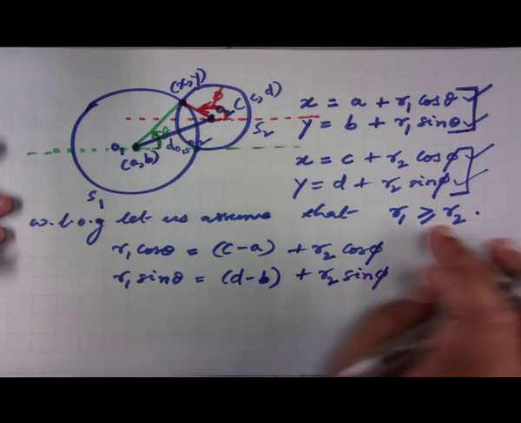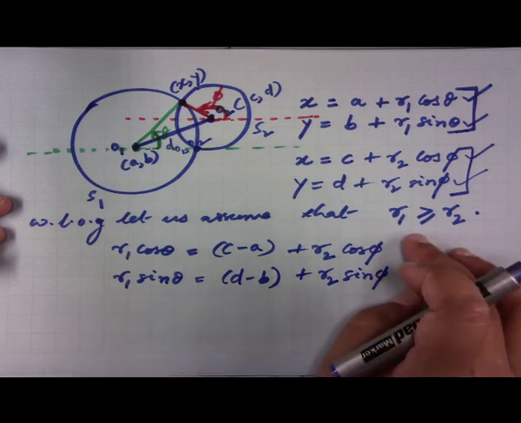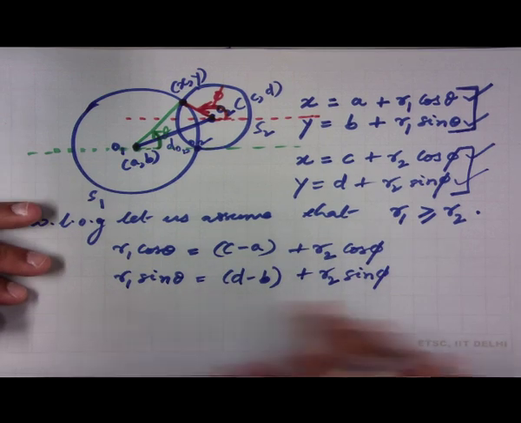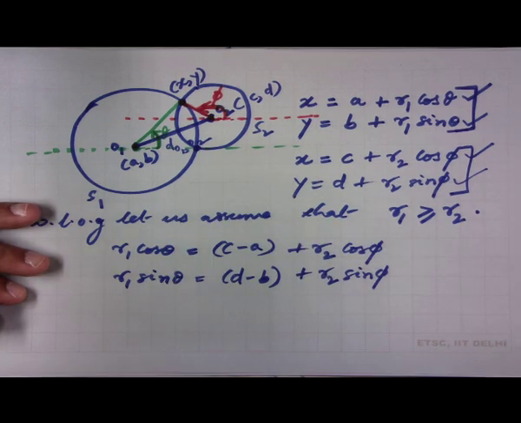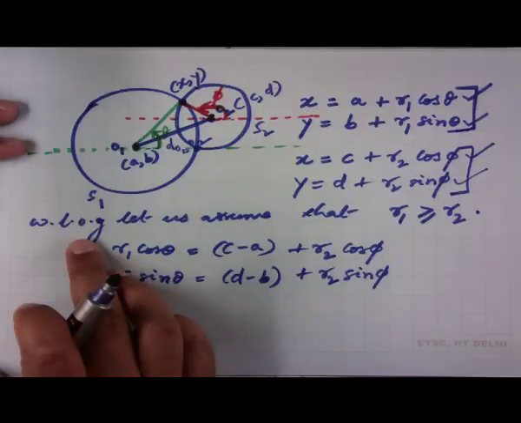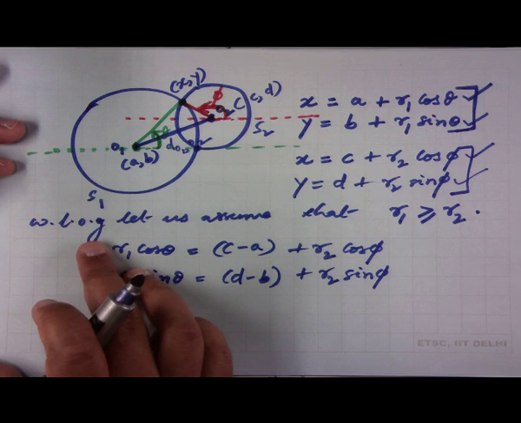If r2 were to be greater than or equal to r1, then we would have written this whole thing differently. Then we should have written r2 cos phi is equal to a minus c plus r1 cos theta, and r2 sin phi is equal to r1 sin theta plus b minus d. And then the remaining proof is exactly similar. So, that is why we said without loss of generality.